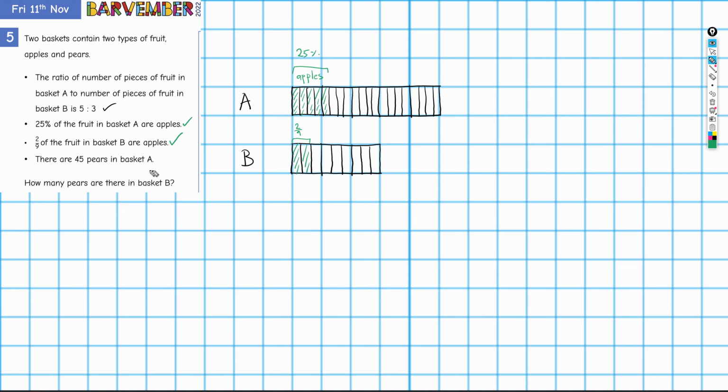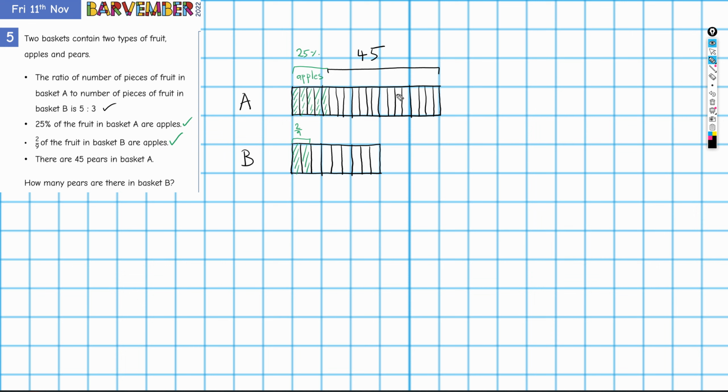And what else do we know? We're told that there are 45 pears in basket A. Now that's going to be useful. So this bit here, all of the remainder, has a value of 45. So we need to know how many parts there are in this 45.